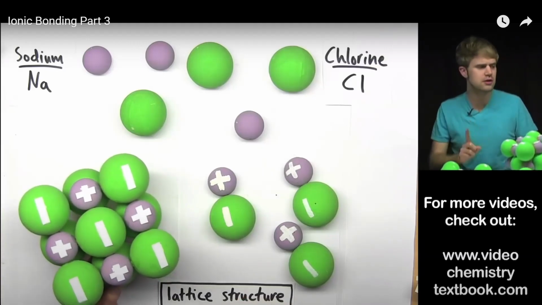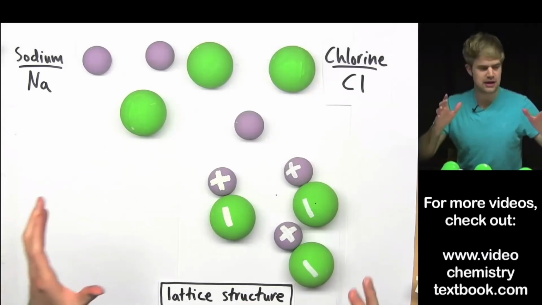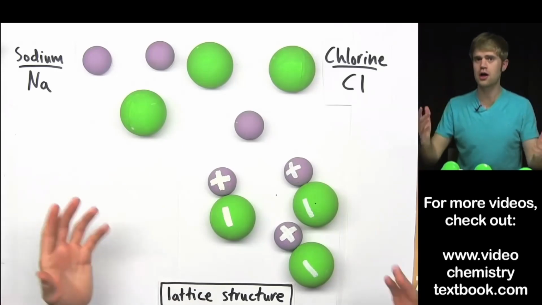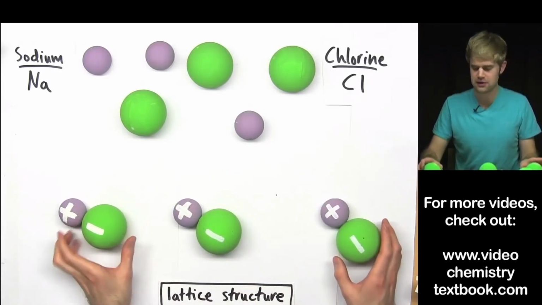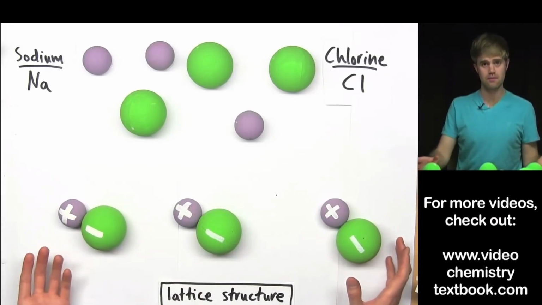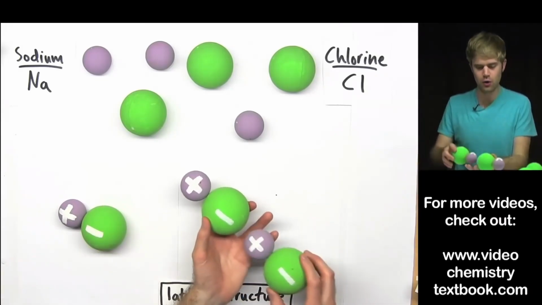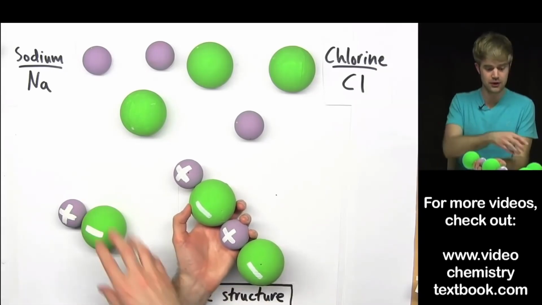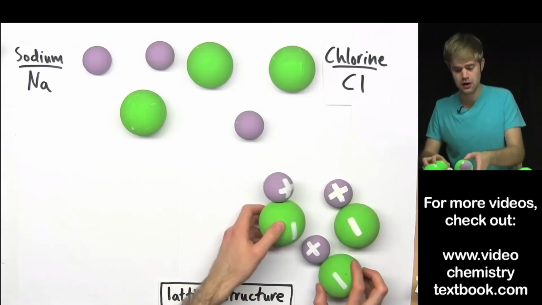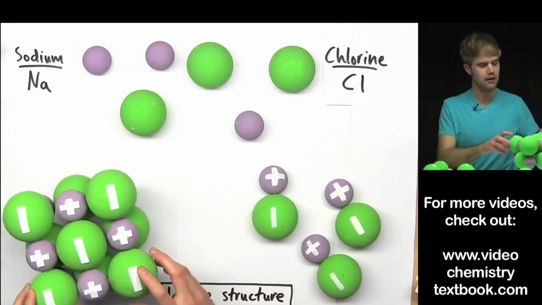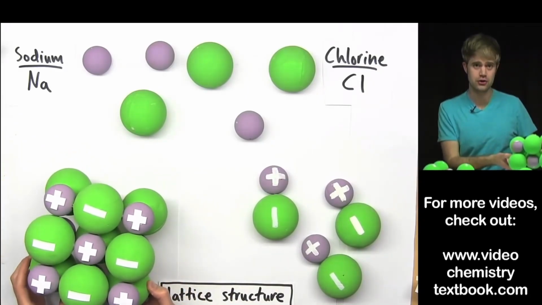So the important thing to keep in mind is that ionic bonding, when you're talking about more than just 2 atoms, doesn't only make these small groups of 2, but these groups are going to be attracted to each other, and they are going to make much bigger structures that become these lattice structures.